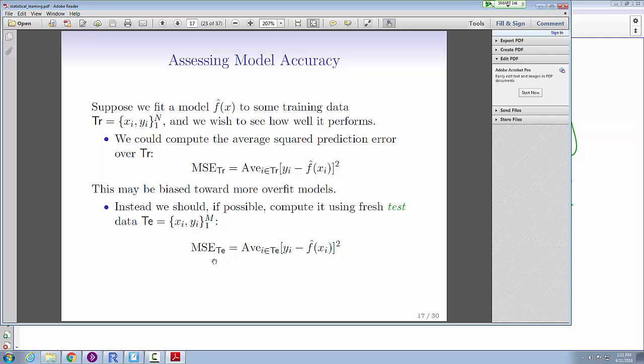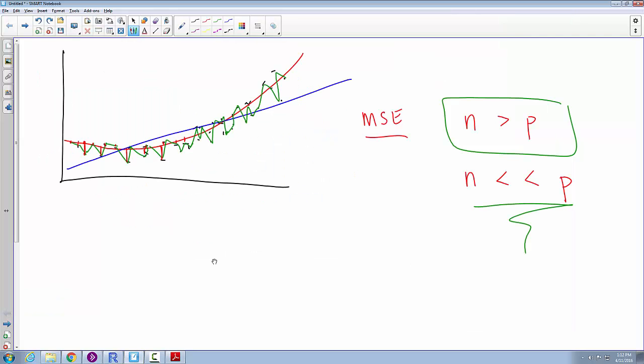By holding out some new data that came from the same population, and not using them when fitting the model, it's not possible to overfit these data. They weren't used. So now when we apply the model to them, this potential issue of overfitting is going to be exposed.